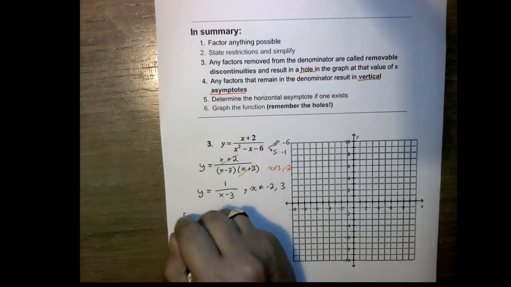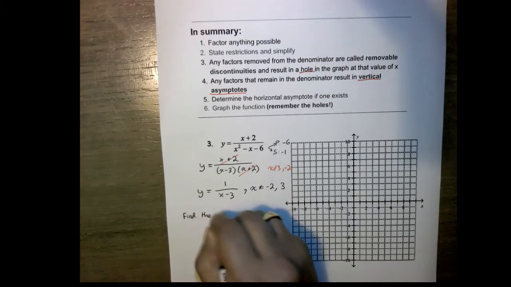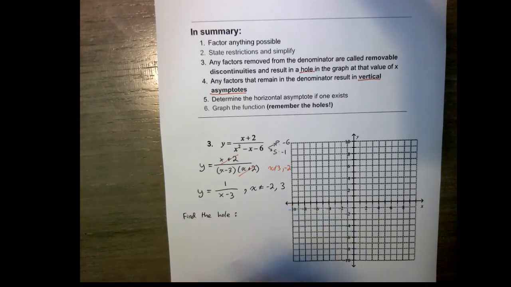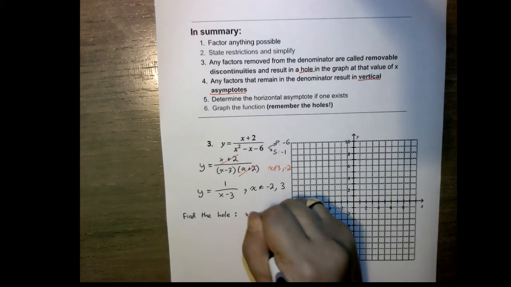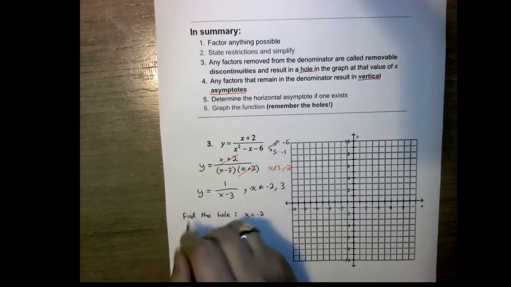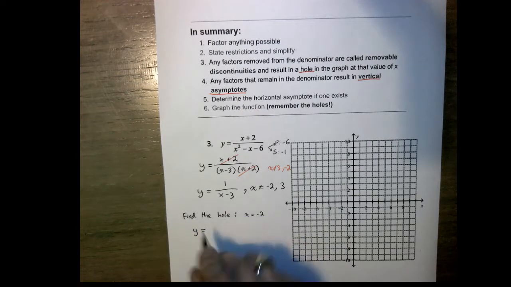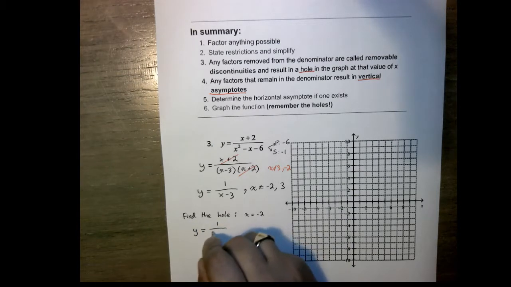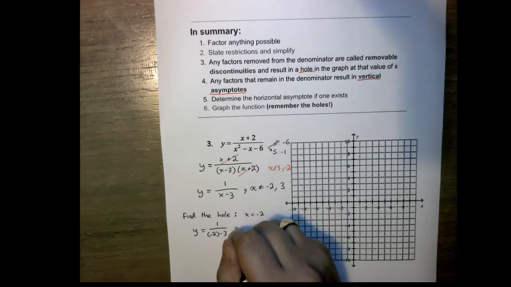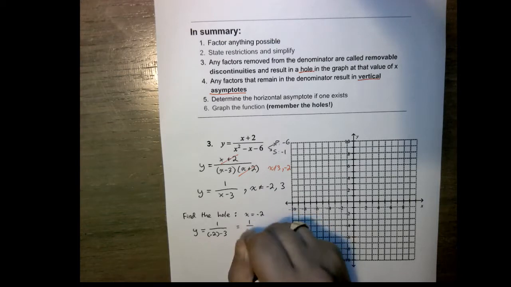So let's find the hole. When x equals negative 2, I have a hole, right? So that means I have a hole at 1 over negative 2 minus 3. So that's equal to 1 over negative 5.